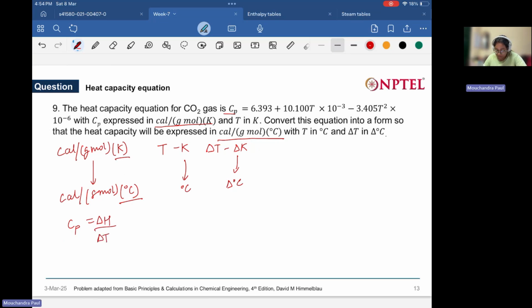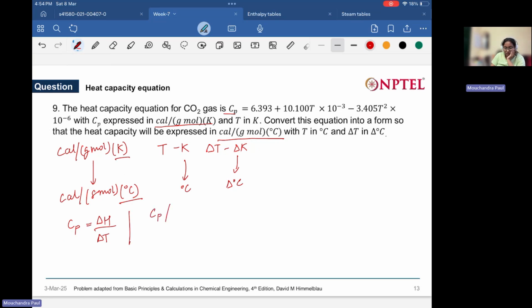So here, that is why we will consider temperature in the form of delta degree Celsius. We are intentionally making it distinguished by using the term delta, as it will help us in the conversion. All right.